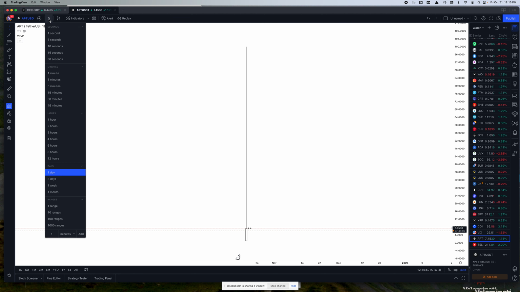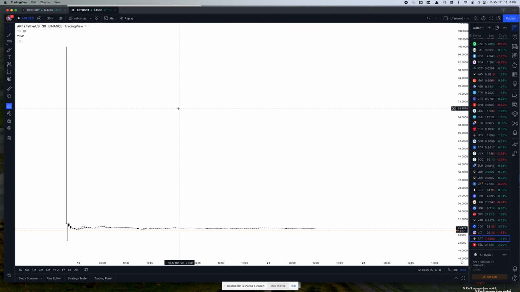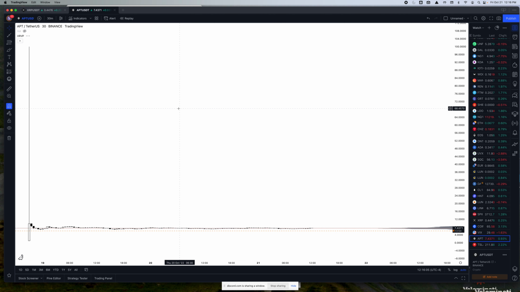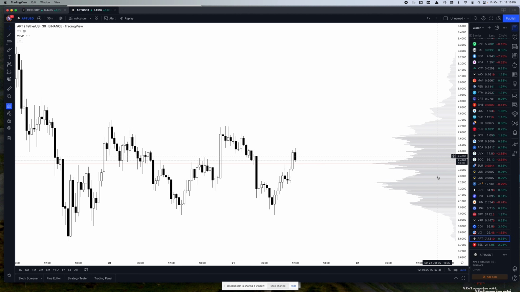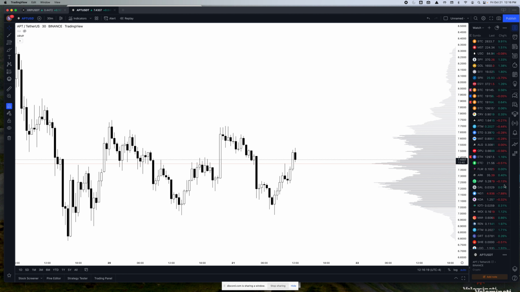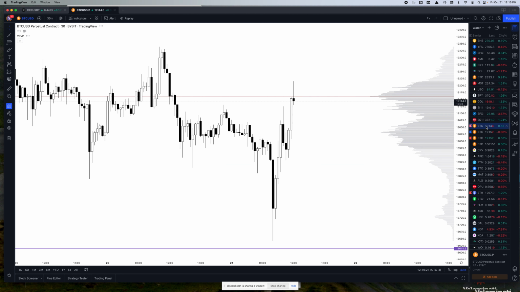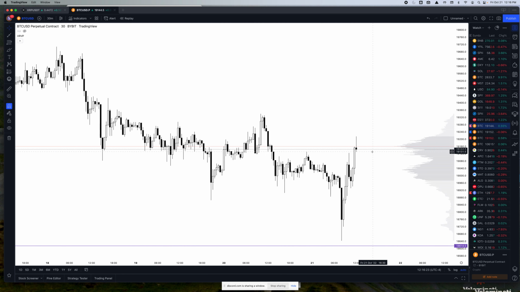So you have to then just get more granular, and as you do that, the indicator will adapt and show you the volume for whatever's being shown on the screen. And all you're doing is trying to figure out where buyers and sellers are interacting, because that's where they're going to interact again.